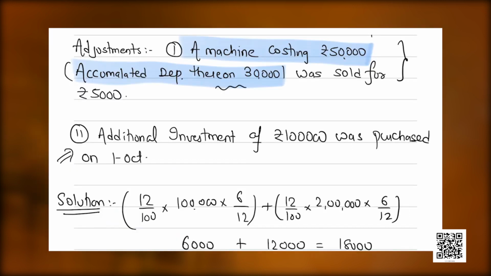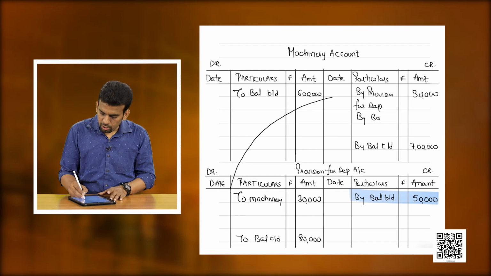You can see the depreciation charged on the sold part is 30,000. The accumulated depreciation is 30,000. Now, it is sold for 5,000. A machine on which 30,000 depreciation is charged and the costing was 50,000. Now, the book value is 20,000 and you sold it for 5,000.